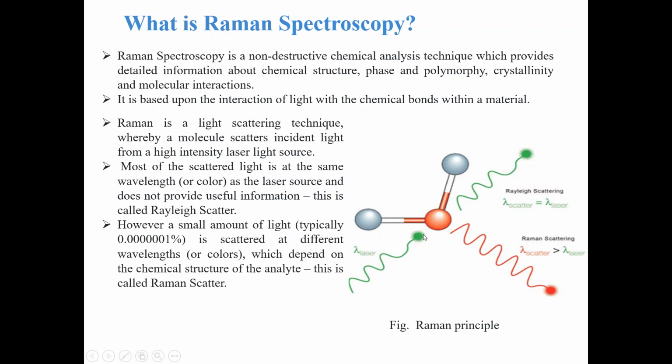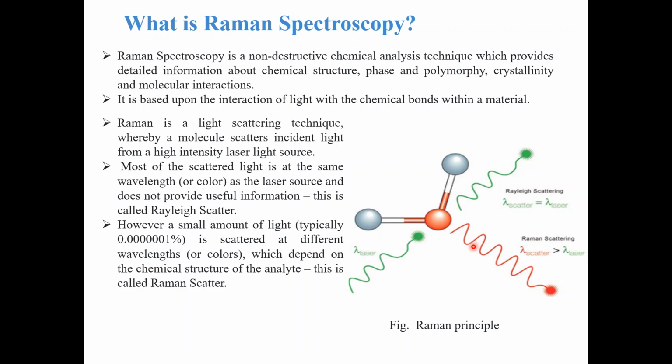The other case is if a small amount of the radiation or light is scattered at a different wavelength, then we call that Raman scattering.